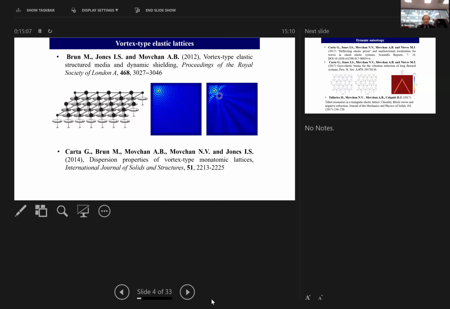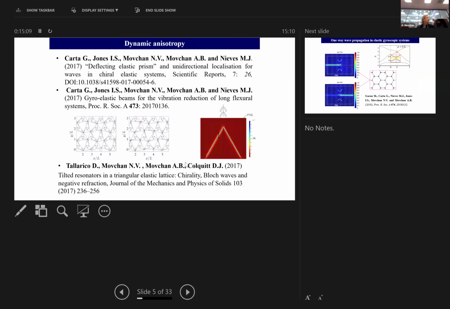So then, what else? Now, I would like to look further and mention dynamic anisotropy. I'm not going to give you a detailed lecture about dynamic anisotropy, but anisotropy simply means that if you have a material, the properties will be different if you point in different directions. In this case, if you take a triangular lattice and homogenize it and consider this as a static system, it will be isotropic.